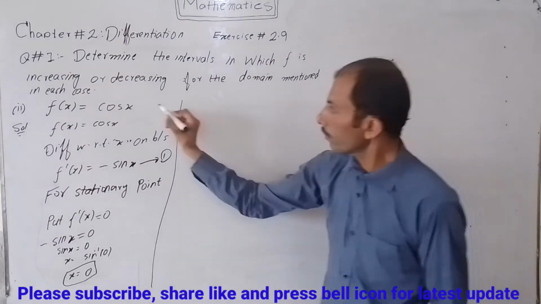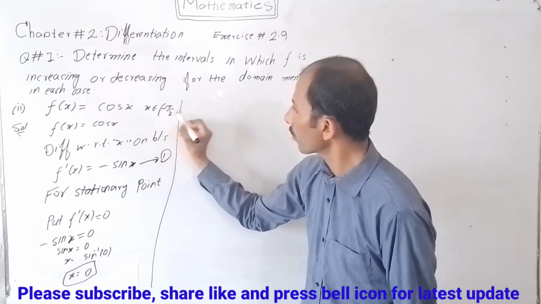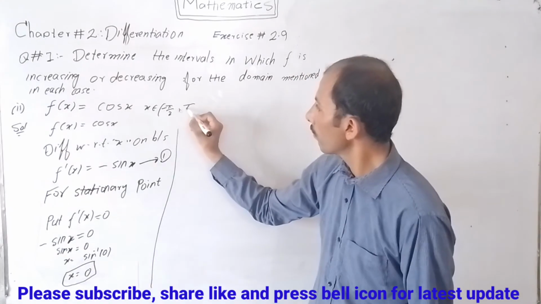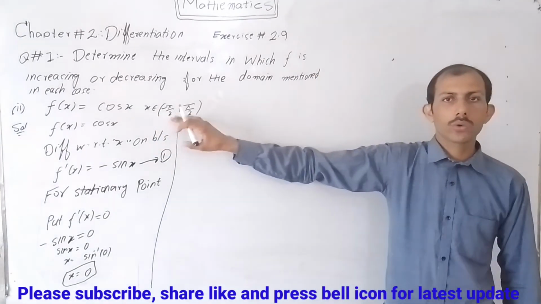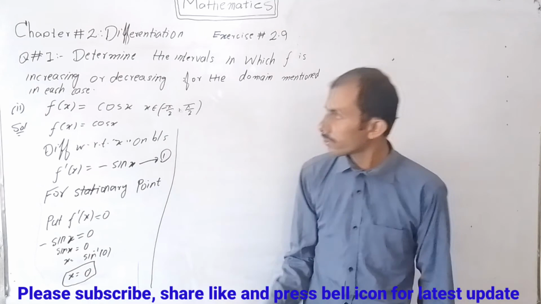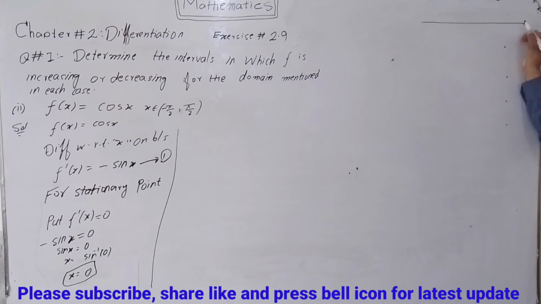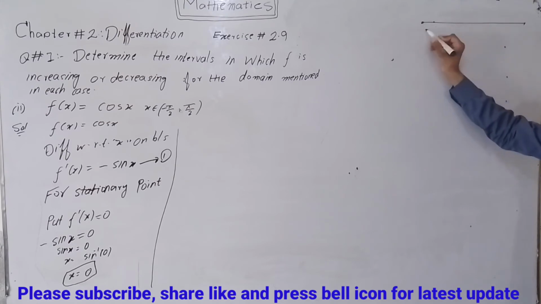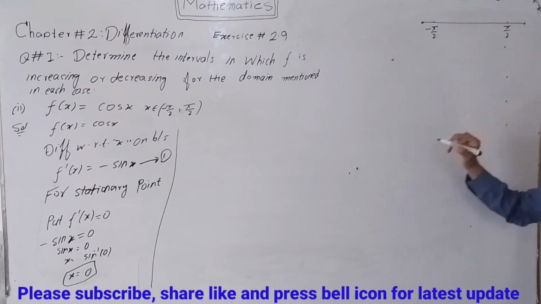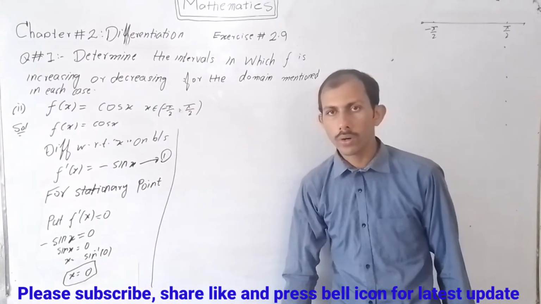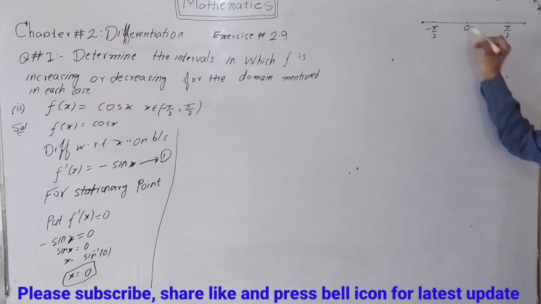X belongs to minus pi over 2 to plus pi over 2, as given in the question. So the given interval is minus pi over 2 to pi over 2, and the stationary point is x equal to 0.